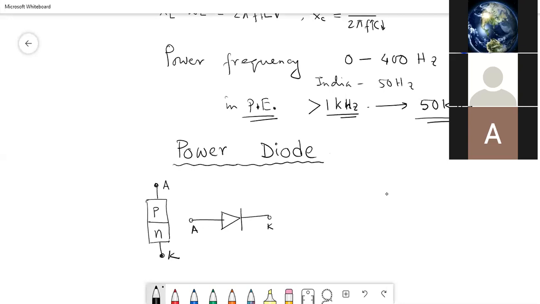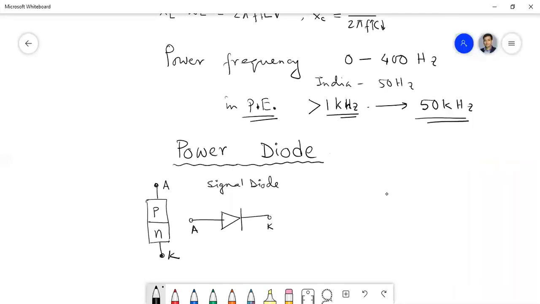We can call it a normal diode, which is used for signal amplification, that type of purpose. A normal diode or signal diode you have already studied in your earlier classes.